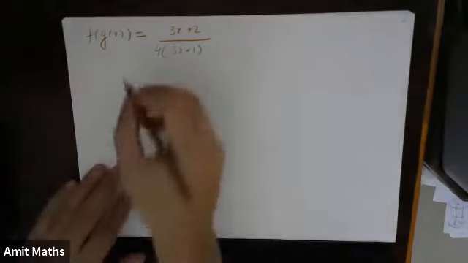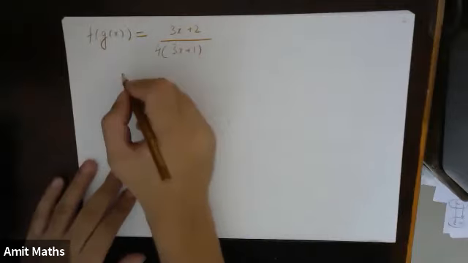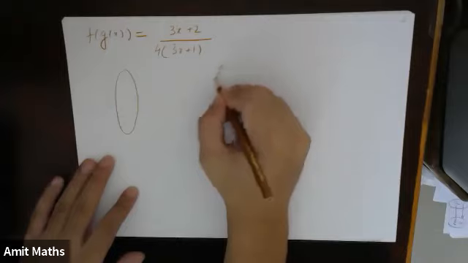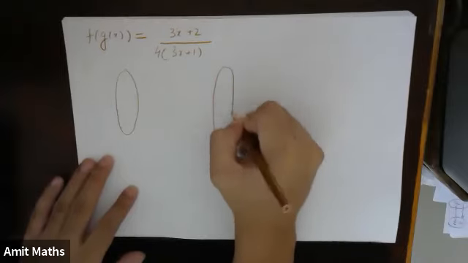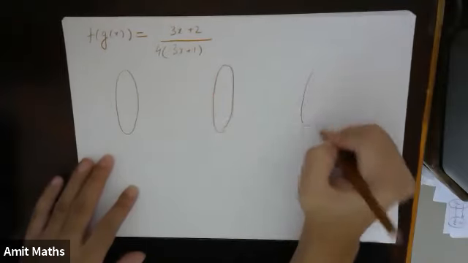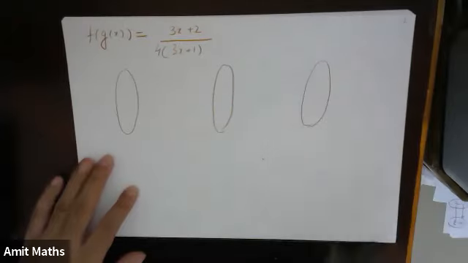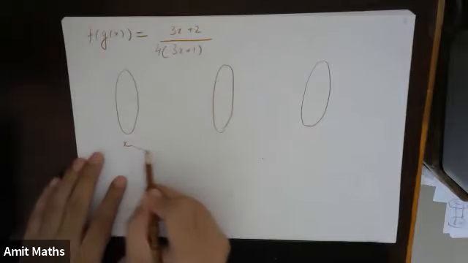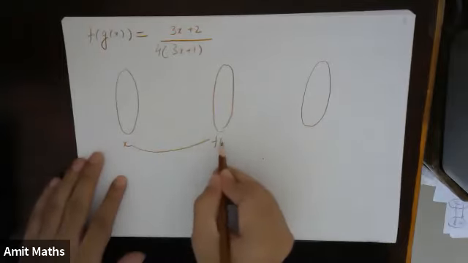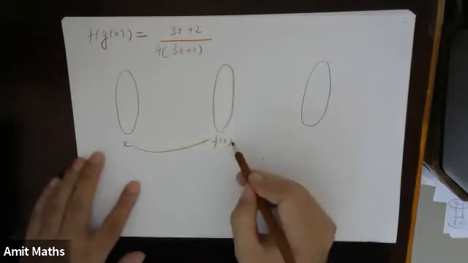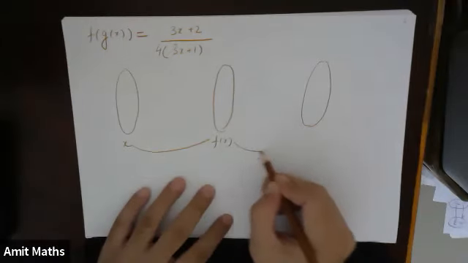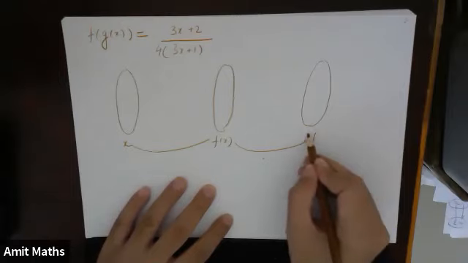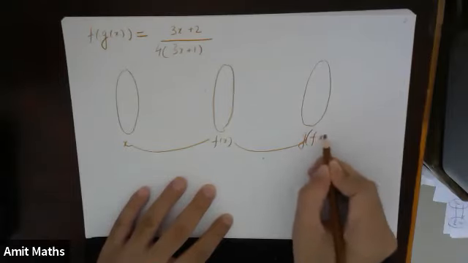Fine. Now see, this function is coming from x. From x we are getting which values? f of x. Now this f of x is giving input to g of x.